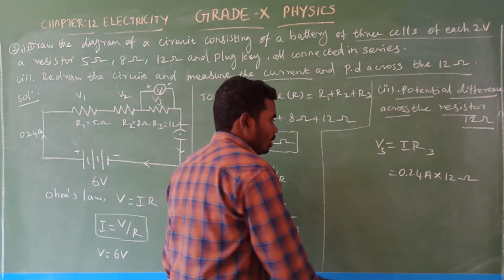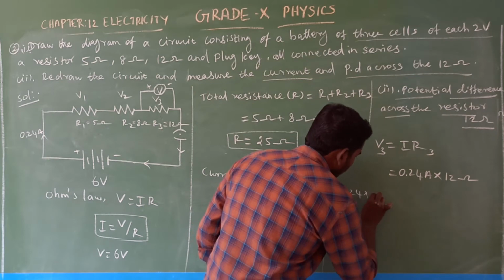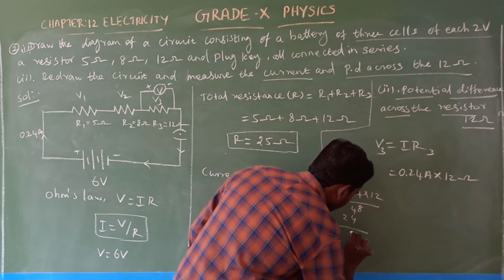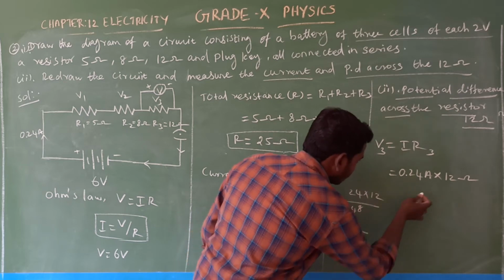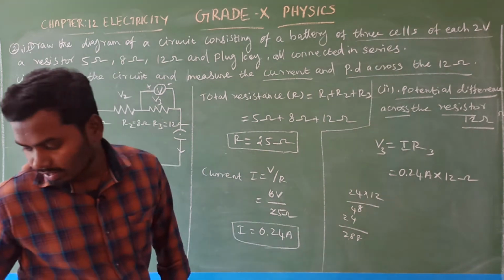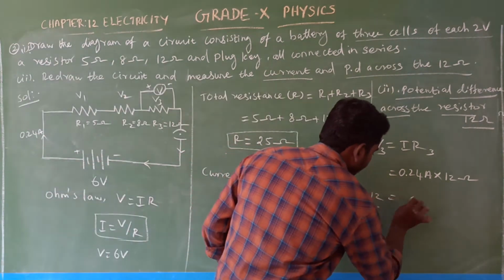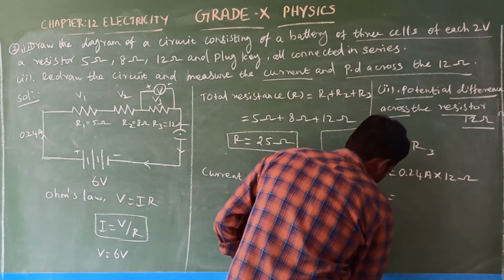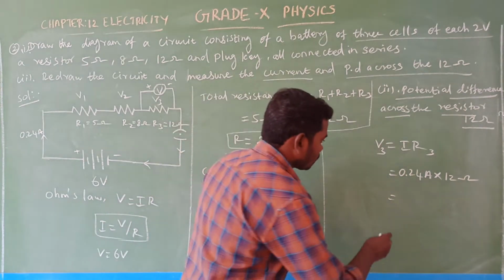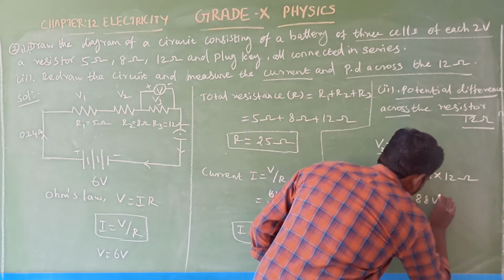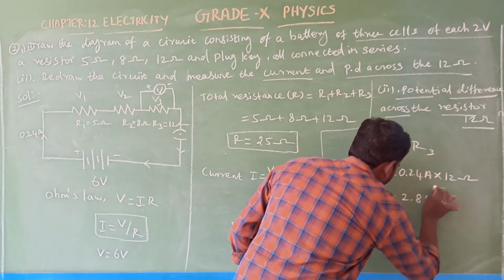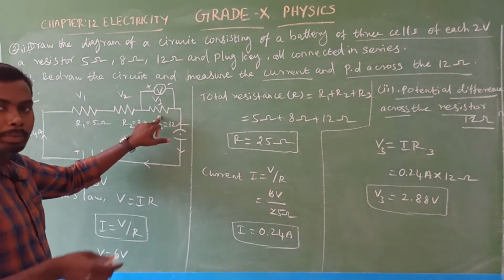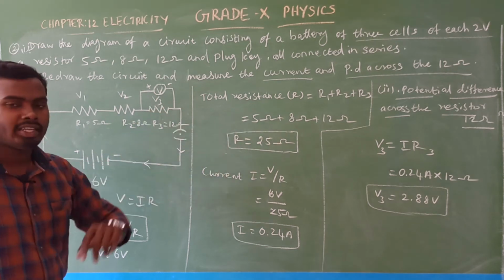You further multiply 0.24 into 12, which is equal to how much? 2.88. 2.88 volt. So look at here. Across the resistor 12 ohm, the potential difference value is 2.88 volt.